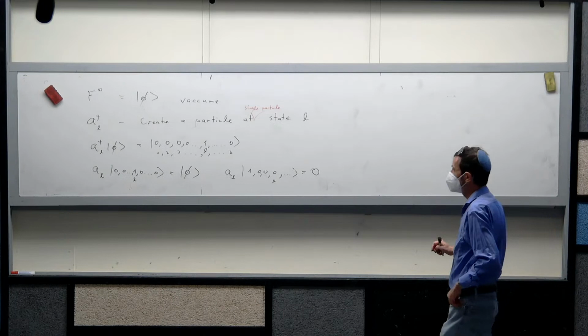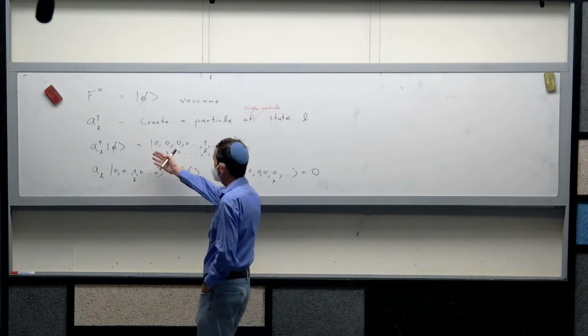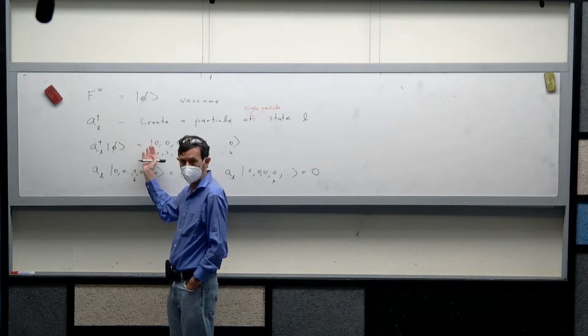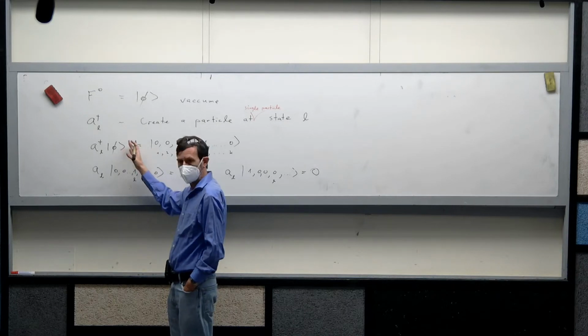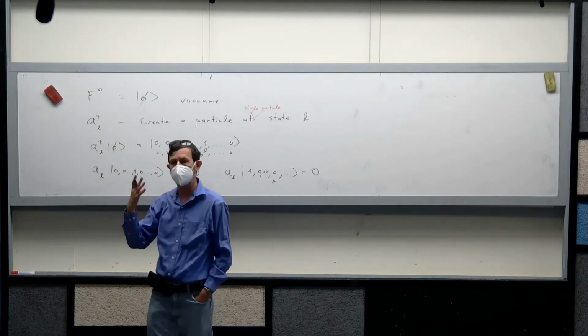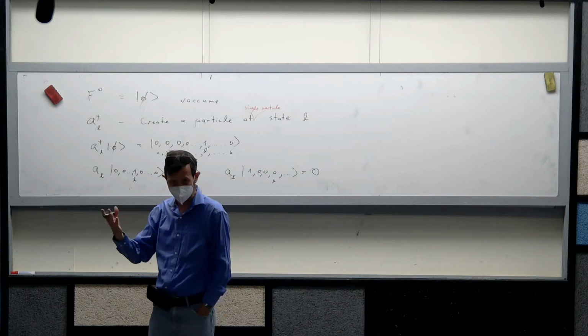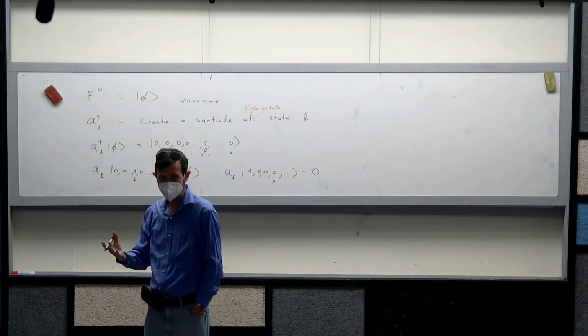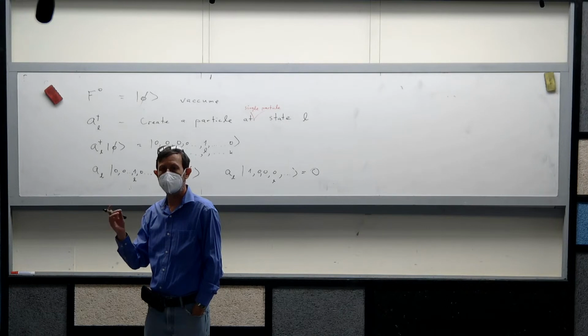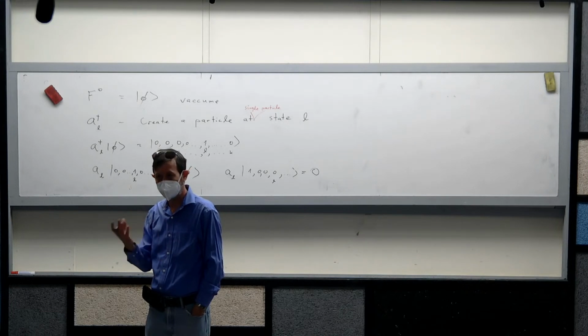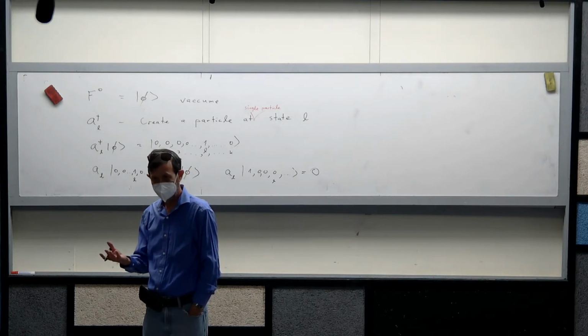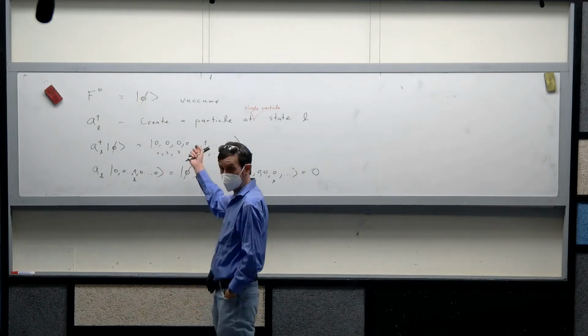Now, what we will do is look at what happens when I'm using these operators on a state that already has n particles in it, and see how the conditions for fermions and bosons are actually fulfilled.